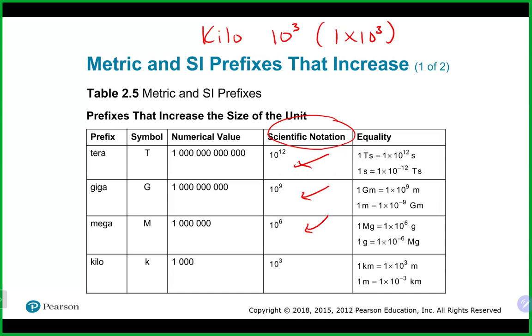When we use this as a conversion factor, it is really common that people will always do it backwards. When you see a number like 10 to the 12, 9, 6, 3, that is how much there is in the base unit to one of the prefix units.